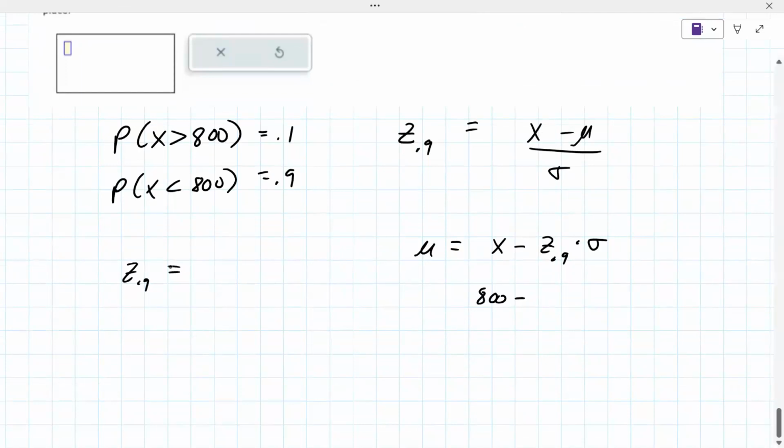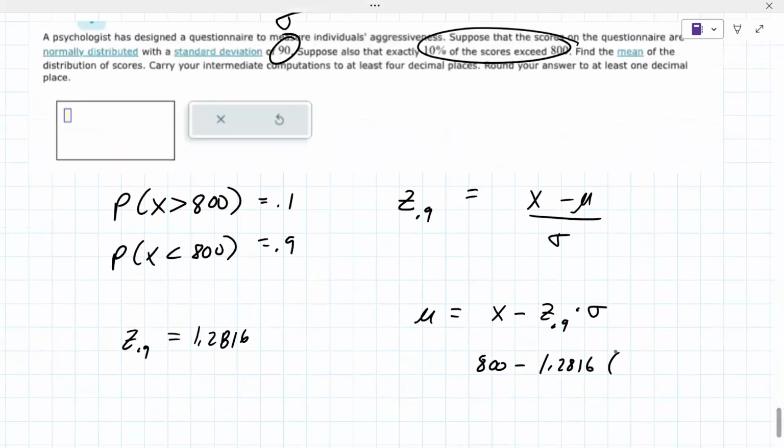It's 1.2816, times sigma, which is 90. This isn't right, sorry, this is a plus.